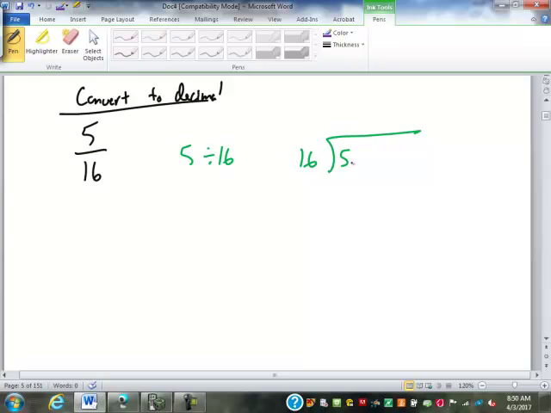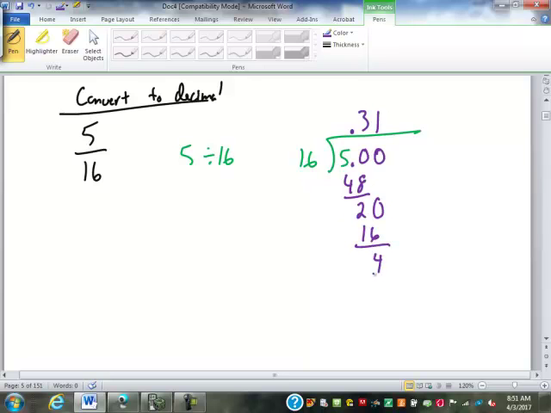16 won't go into 5, so we've got to add the decimal point, take it up, and add the 0. Does 16 go into 50? Yes, it does. It goes in there 3 times. 3 times 16 is 48. There's 2 left. Adding another 0. Does 16 go into 20? Sure does. That's 1. 1 times 16 is 16.